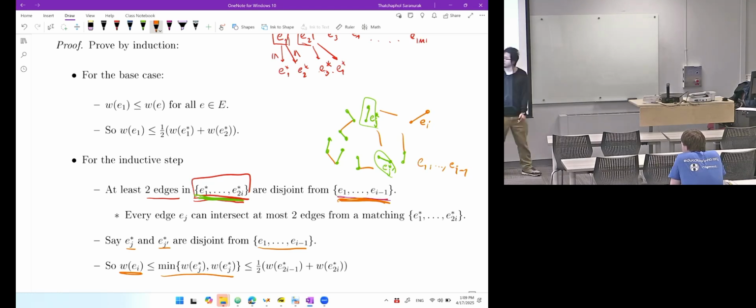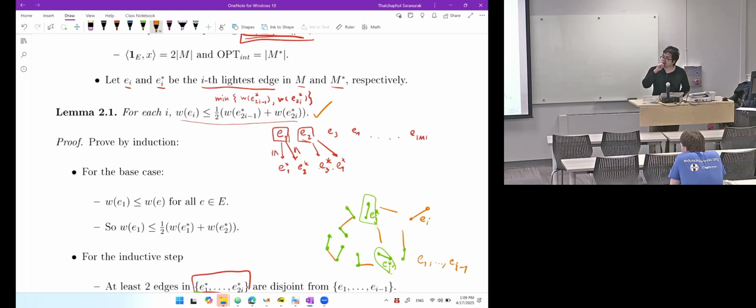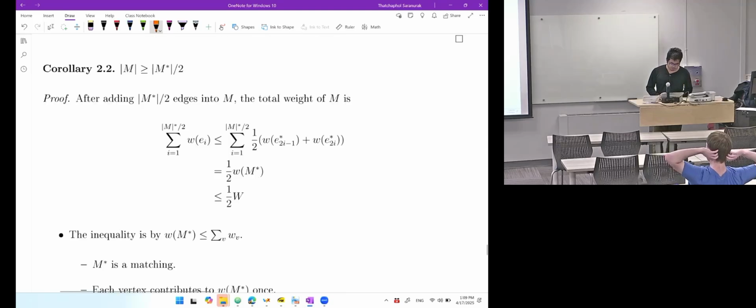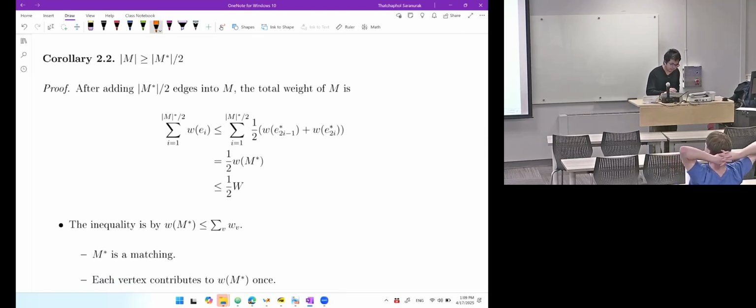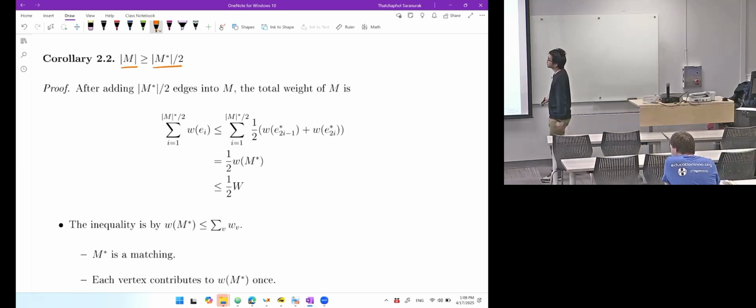Okay. So I hope we are good now with this. And now, once we have this, we are basically done. Now I can claim that M is going to be as big as M star over 2. So why is this? Well, let's see.